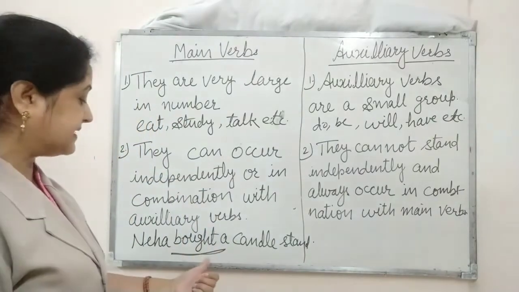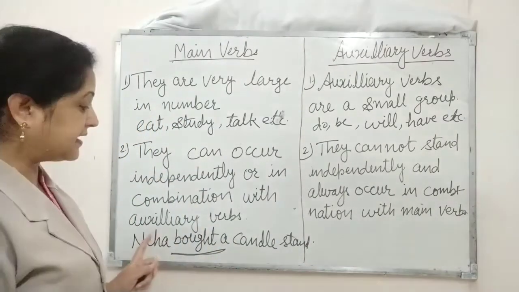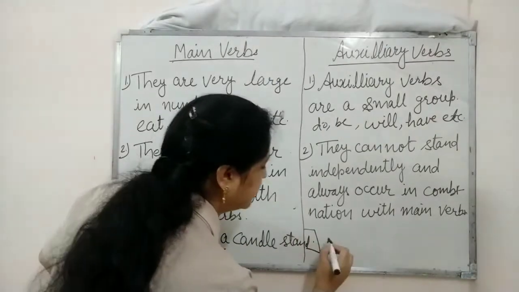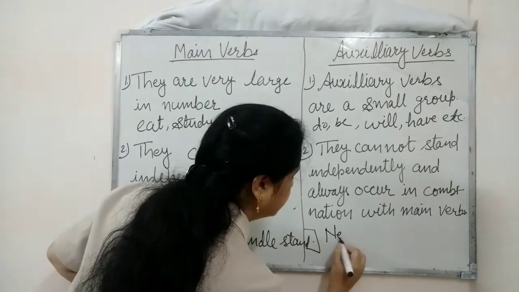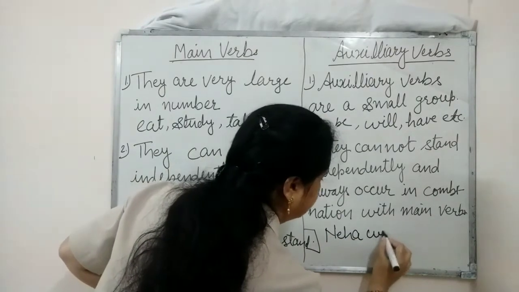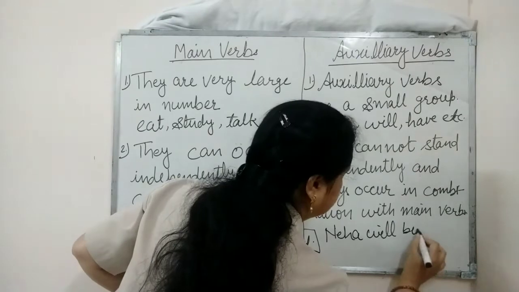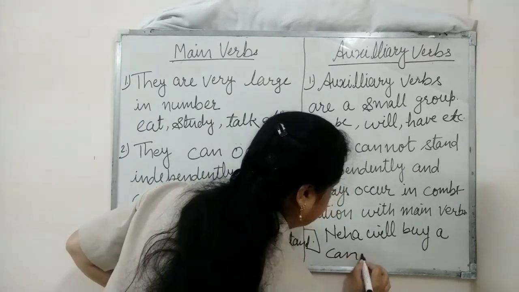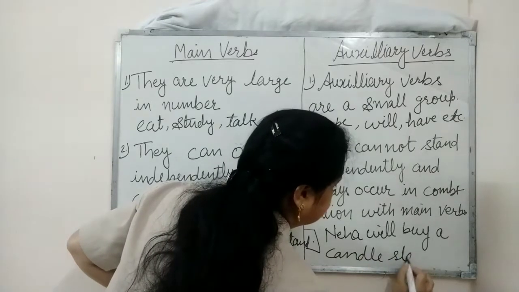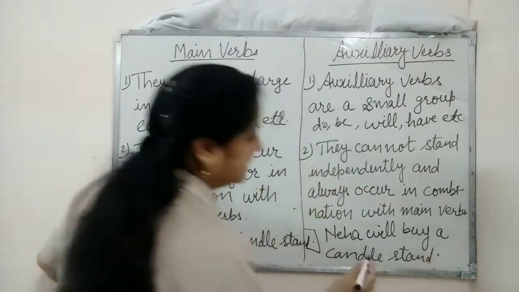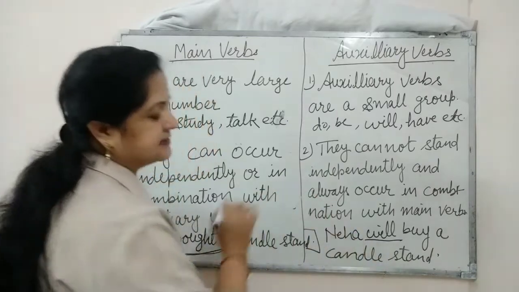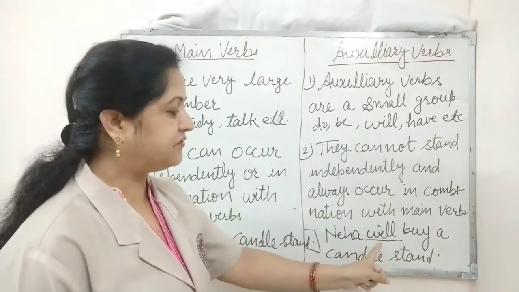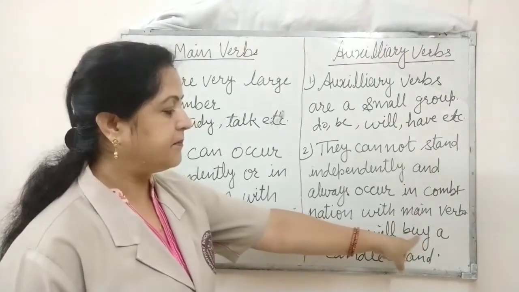Let's take the same example. We have written here, Neha bought a candle stand. Now I am writing here, Neha will buy a candle stand. Here we can see that will is the auxiliary verb, used along with the main verb.